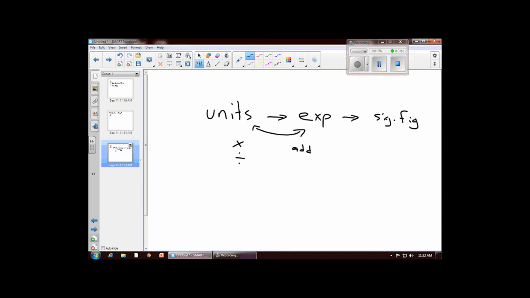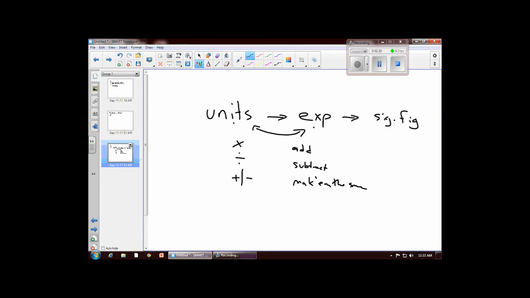We subtract exponents, so we do the same thing for the units. And for adding and subtracting, what do we have to do with exponents? Make them the same. Keep this in the back of your mind.